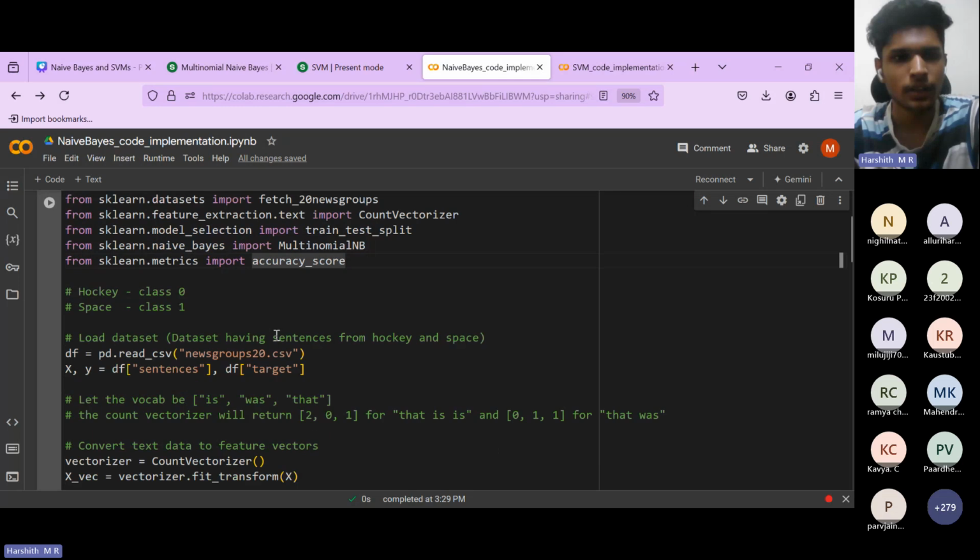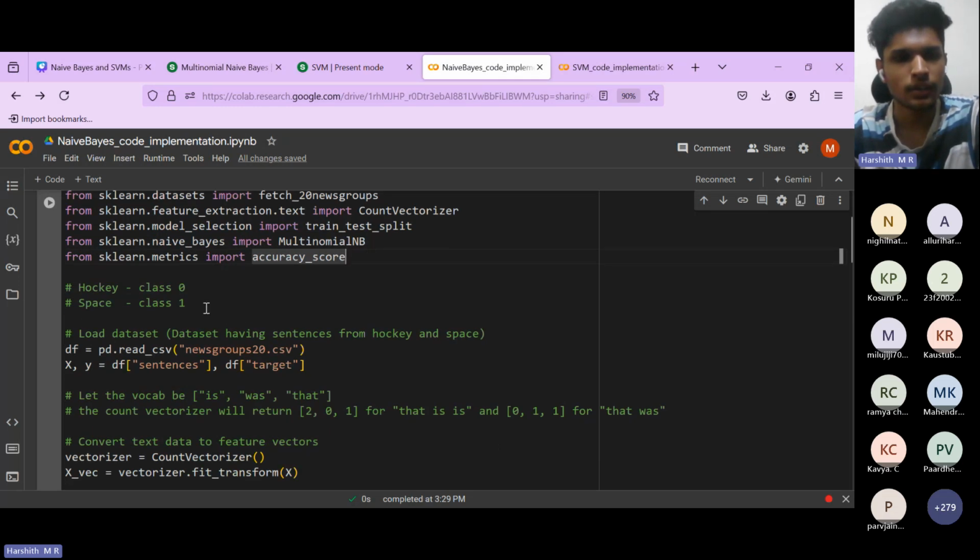In this example, we'll have a couple of news articles related to hockey, and a couple of news articles related to space. So we'll try to build a model which will classify any news article as whether it belongs to hockey or space.